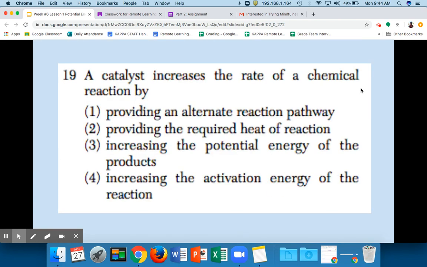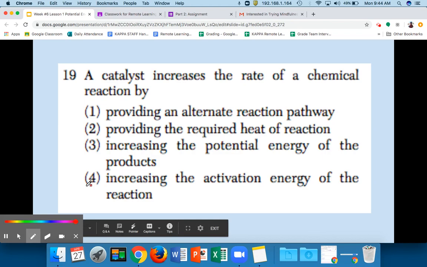Okay, we'll do a check for understanding question. A catalyst increases the rate of a chemical reaction by 1, providing an alternate reaction pathway, 2, providing the required heat of reaction, 3, increasing the potential energy of the products, or 4, increasing the activation energy of the reaction.